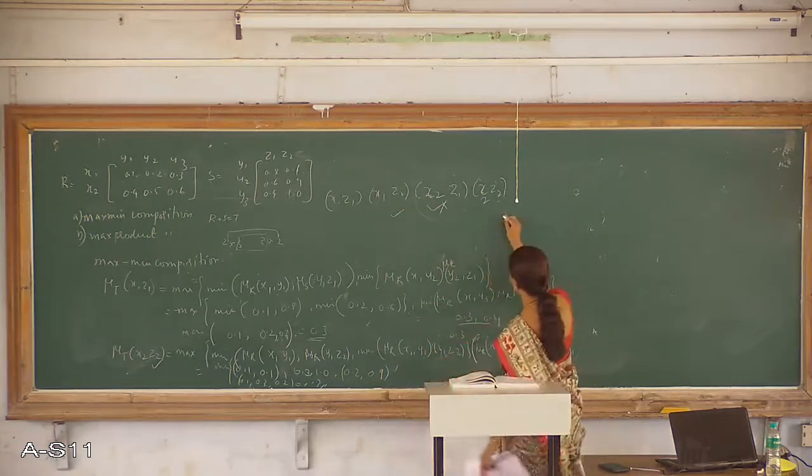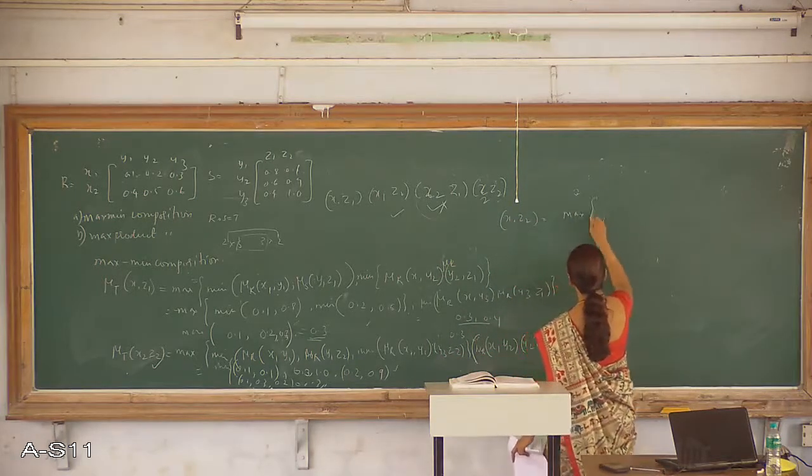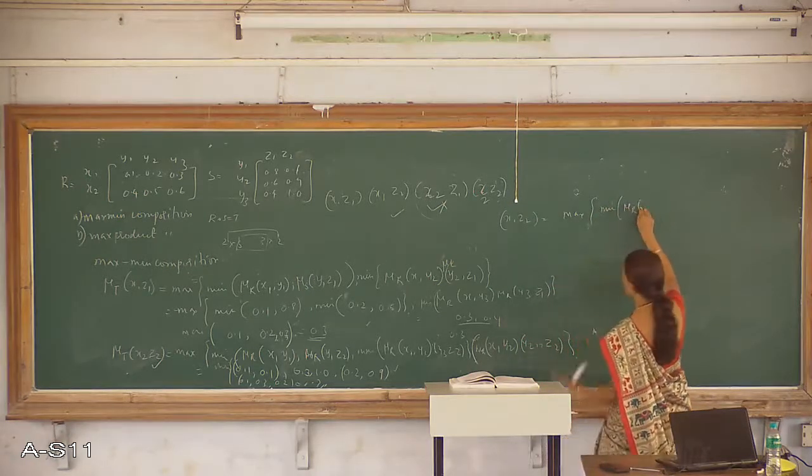So now if I want x1 z2, I should take max of minimum of membership function of x1 z2.